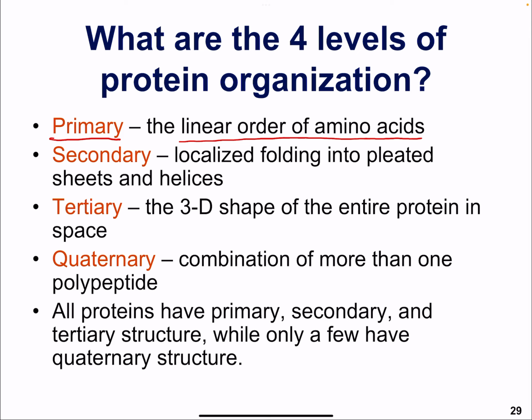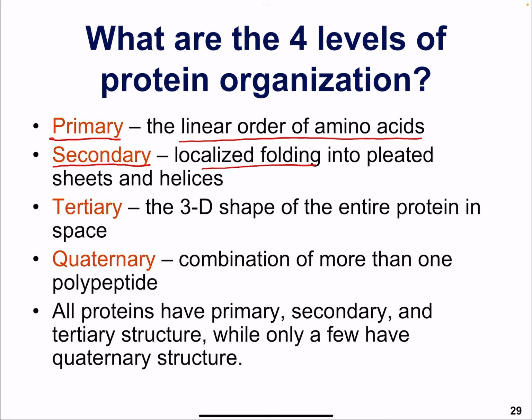Because of that, these amino acids will start interacting with each other so that they adopt a secondary structure. That secondary structure is basically a 2D shape caused by folding because of hydrogen bonds that develop from interactions between amino acids.